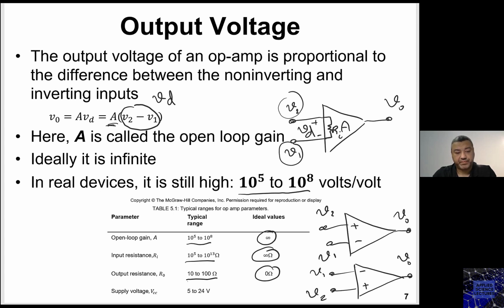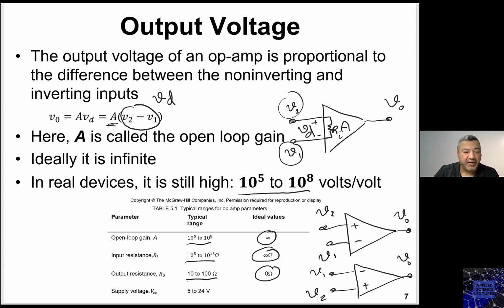So this is based on the open loop operational amplifier. The operational amplifier senses the voltage difference at its input, this VD is V2 minus V1, and it amplifies it and puts it at the output, right?